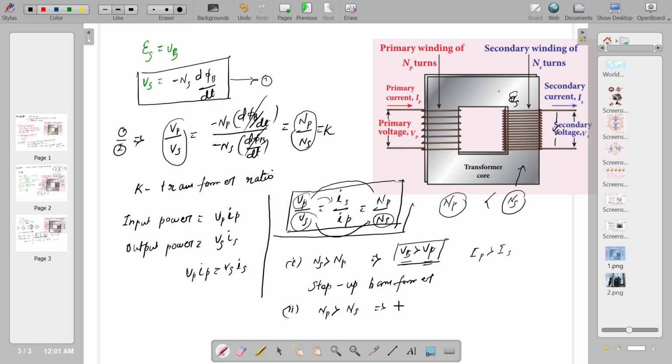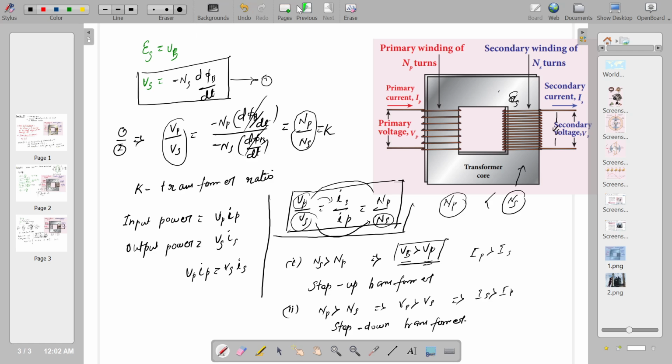Using the same relation, one can show the primary voltage is higher than the secondary voltage. In this case, the secondary current will be higher than the primary current. So this transformer is reducing the voltage at the output. You can call this a step down transformer. These are the two things we want to conclude here.